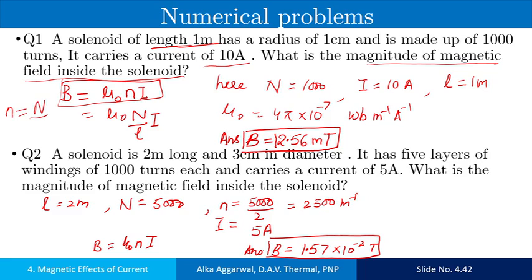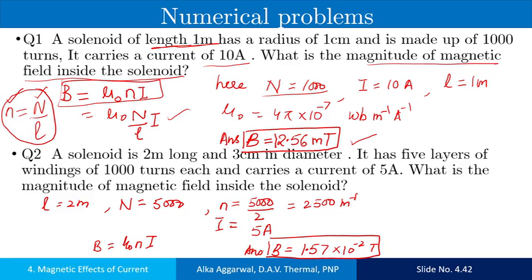L is the length, so n equals N upon L is the relation between the number of turns per unit length and the total number of turns. Here the total number of turns given is 1000 and length is 1 meter, so n is equal to 1000. I is 10 ampere, just put all these values and you will get the result.